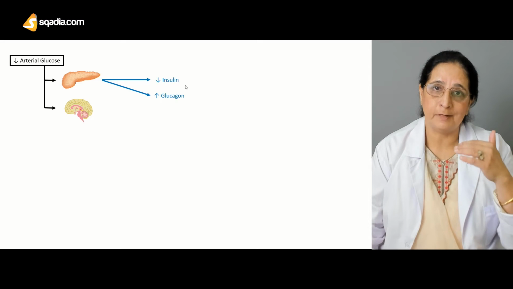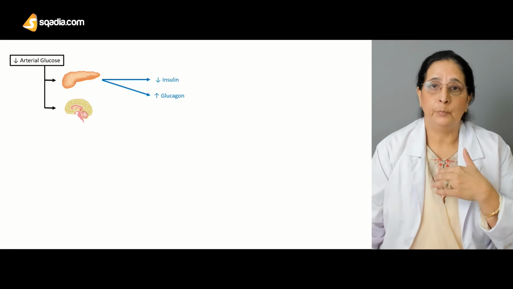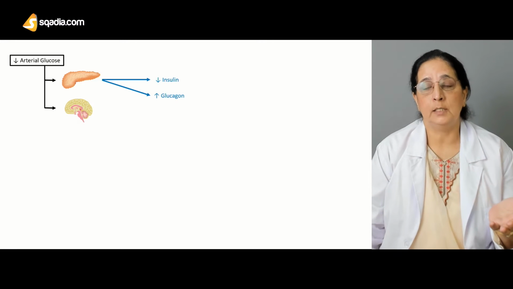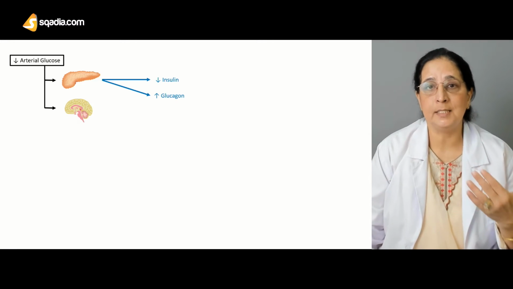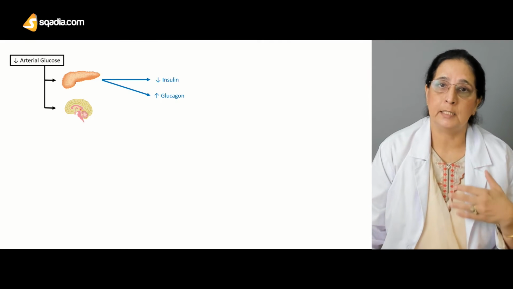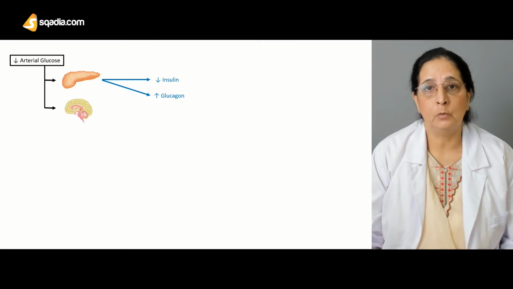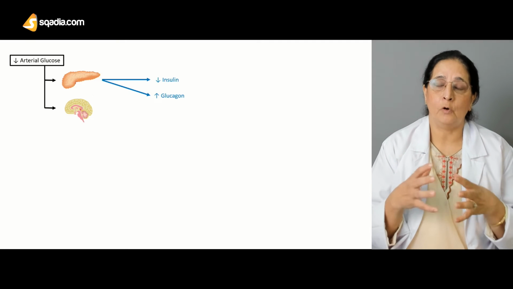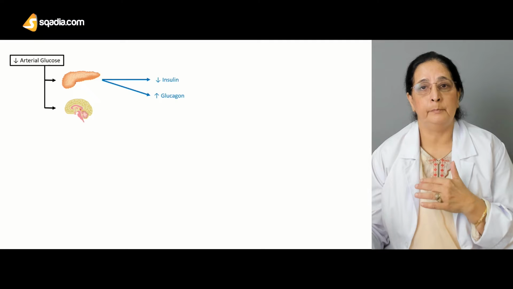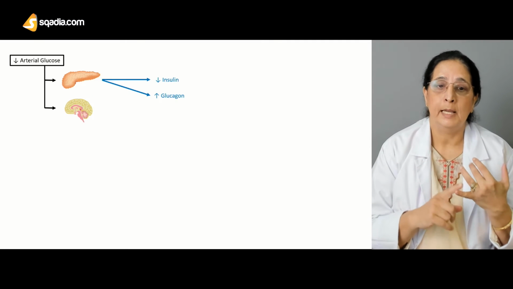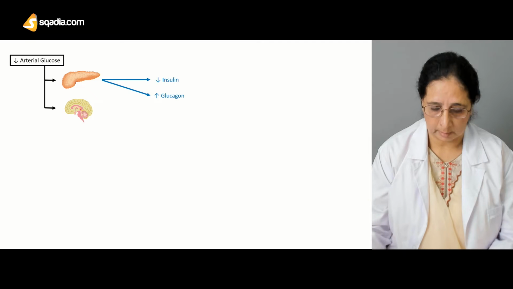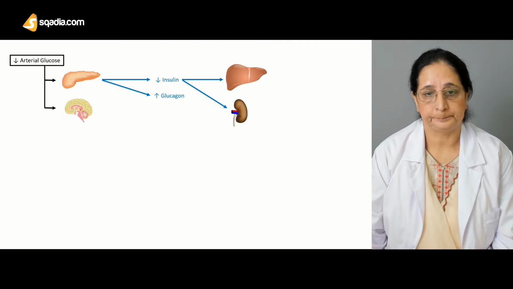So we need decreased insulin production to bring the glucose level back to normal, and glucagon is the hormone that causes increase in the glucose level. So in condition when there is hypoglycemia, we need increased glucagon level. So that's the normal physiological mechanism that brings the blood glucose back to normal: decrease in the insulin level and increase in the glucagon level by the pancreas.